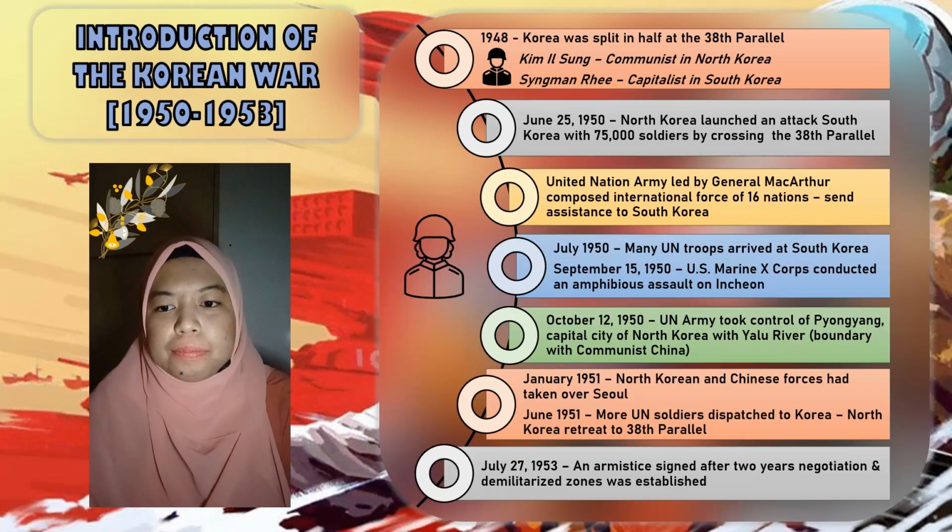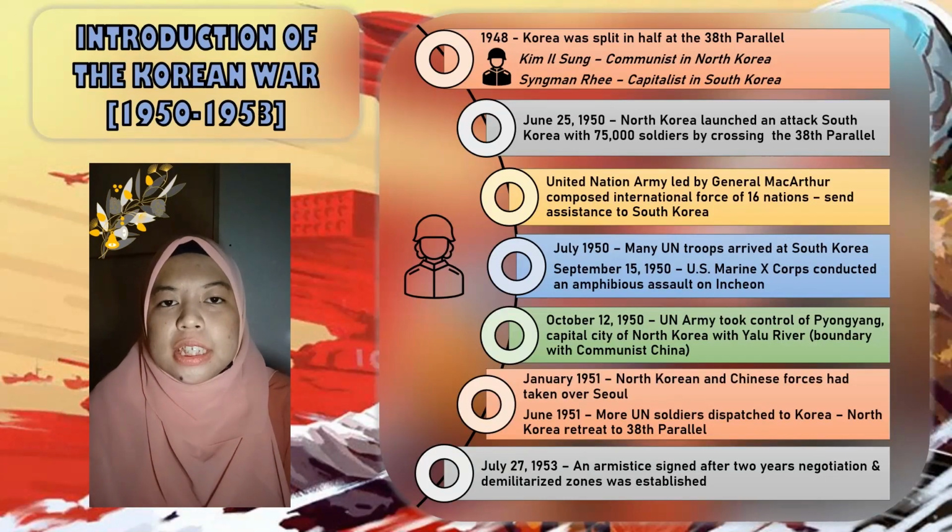Early in July, mostly American UN troops arrived in South Korea, but they were quickly forced to defend themselves against North Korean forces. The US Marine Corps conducted an amphibious assault on Incheon on 15 September. By the end of the month, Seoul and the entirety of South Korea had been retaken as the North Korean troops were forced to flee over the 38th parallel.